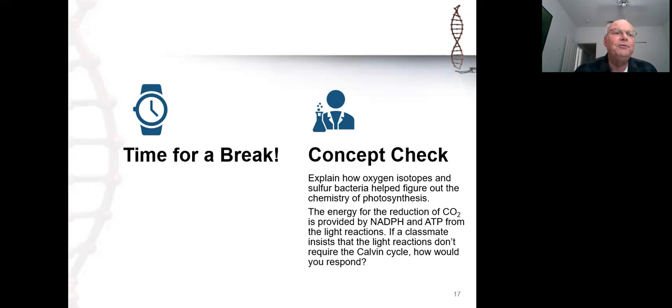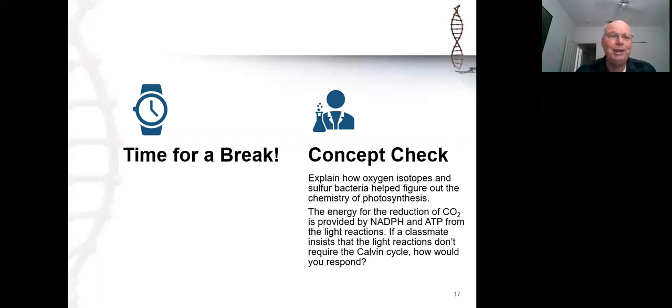So it was a combination of Van Niel's sulfur bacteria study and the use of the oxygen 18 isotopes that confirmed that the water was the sole source of the oxygen that is the byproduct of photosynthesis. That means then that water now has to become both a reactant and a product, because if it is a product in the chemosynthesis of the sulfur bacteria, then it must also be a product in photosynthesis if the two processes are parallel, with the H2S serving the same purpose as the water molecule.